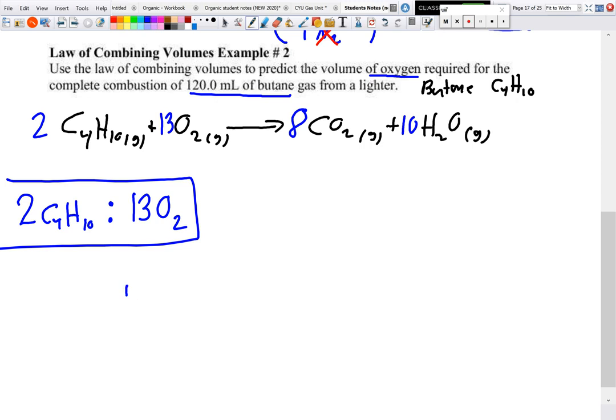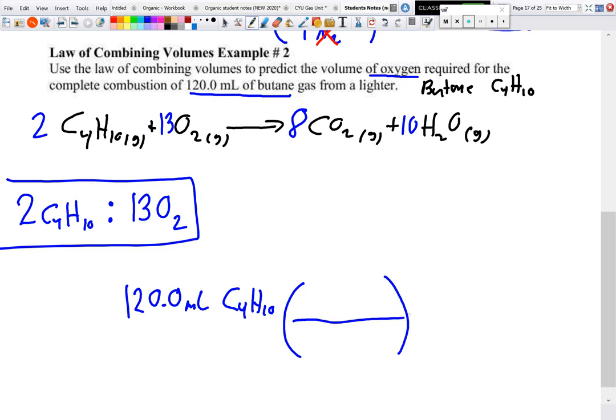So we write down what we are given. 120.0 milliliters of butane. We are going to multiply by our conversion factor. So we want oxygen, so that means oxygen shows up in our numerator. We want to cancel out butane, so that shows up in the denominator of our conversion factor.